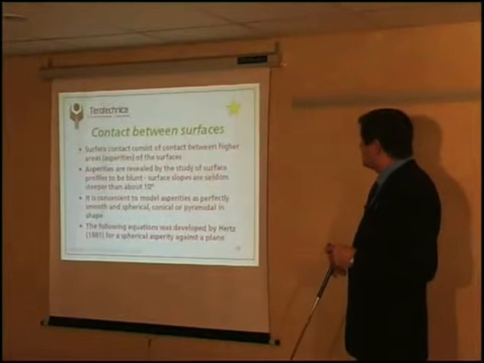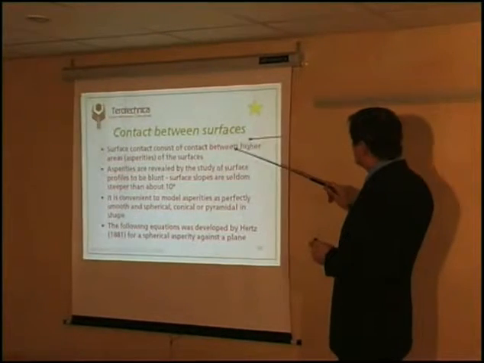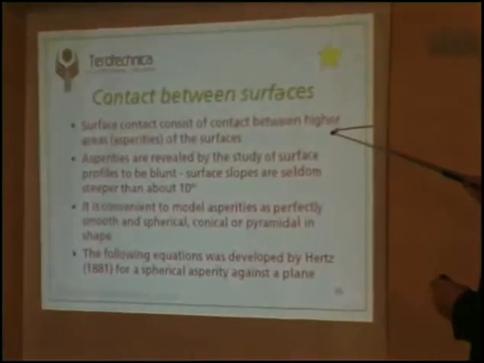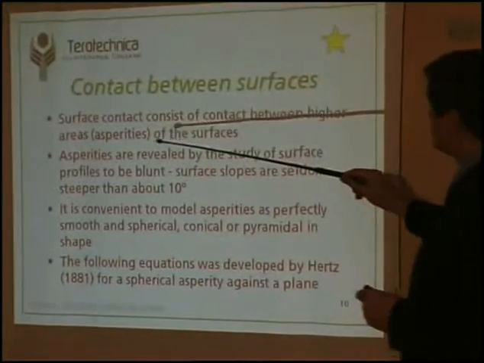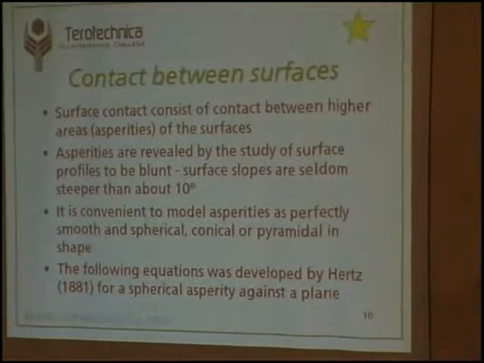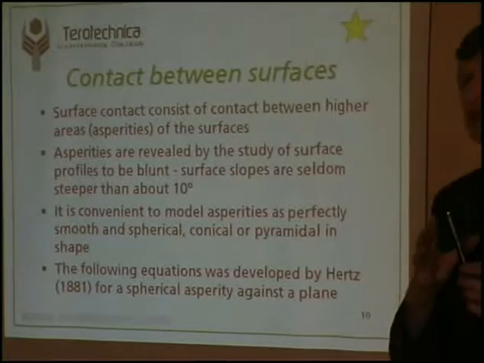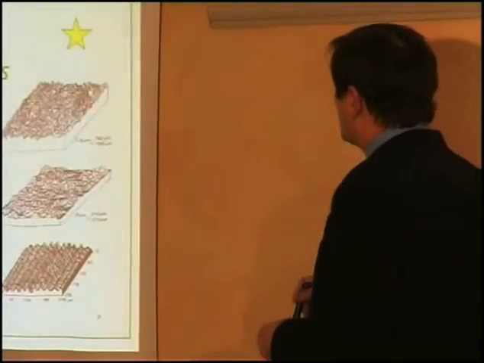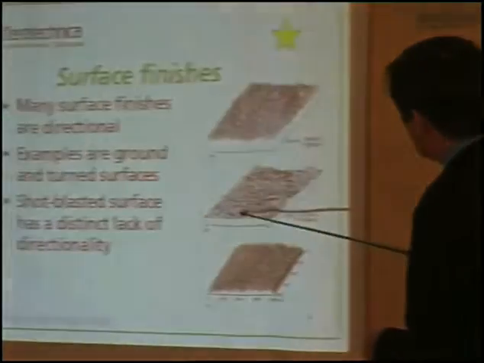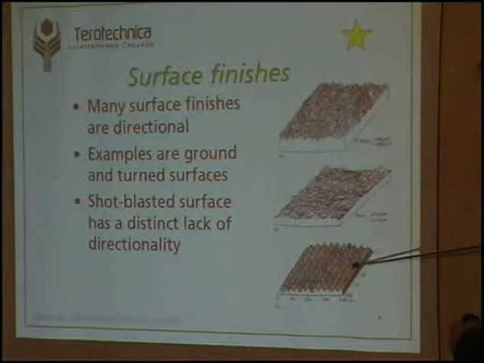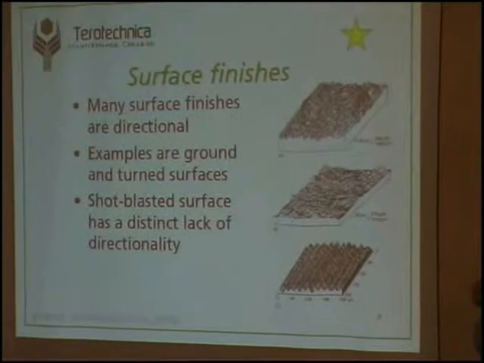The contact between surfaces mainly occurs on the higher areas, or what we call the asperities of the surfaces, which are like little buttons or little protuberances that protrude from the surfaces. If we go back to this, we can see the different little things that sit here on the turned surface, even more so, and so forth.